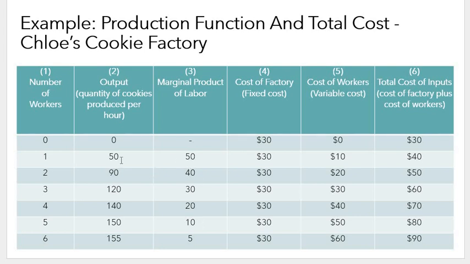It has to change. It's totally determined by columns 1 and 2, by how much that additional worker could help the production, how much increase in output the additional worker could bring to the company, the factory.